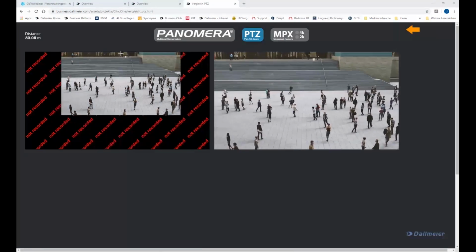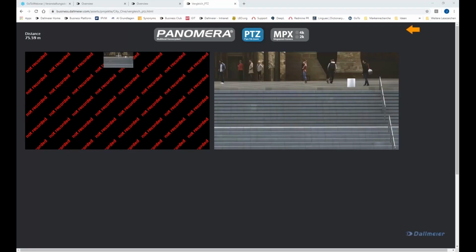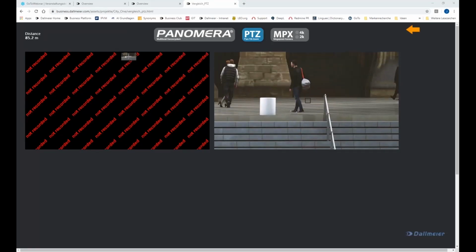So first, let's try out a PTZ system. What you do with a PTZ, you zoom in, and we have quite a good resolution there. But as you can see on the left side very clearly, anything else except your focus area is not recorded, and it can also not be observed in a live situation.